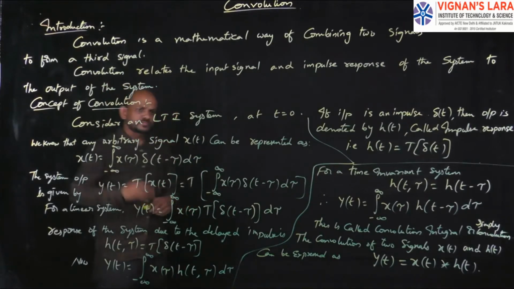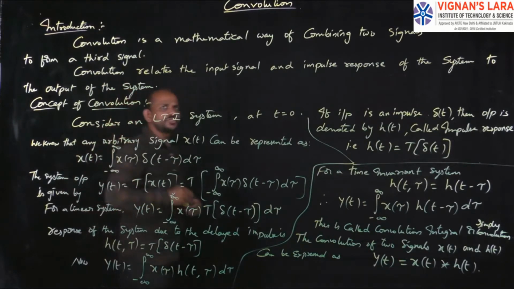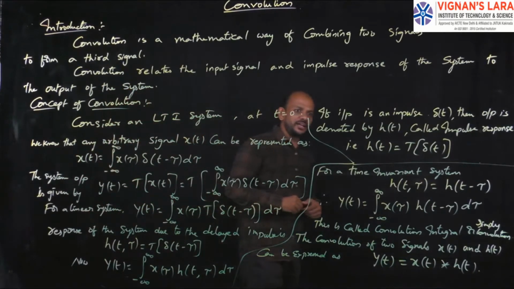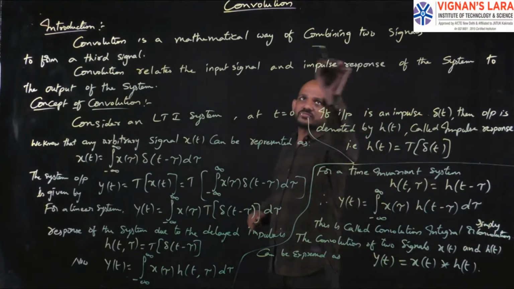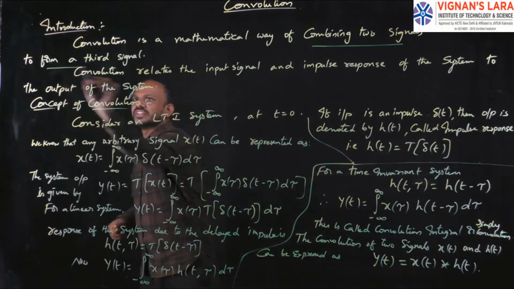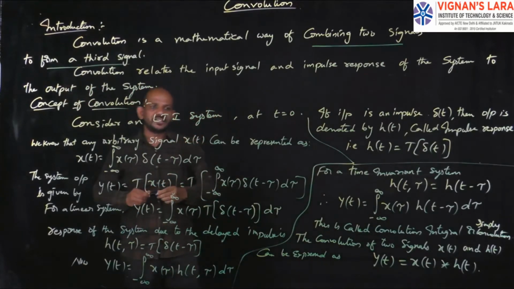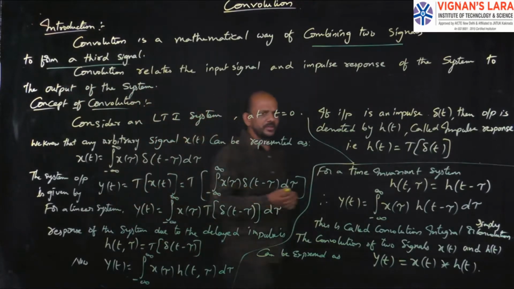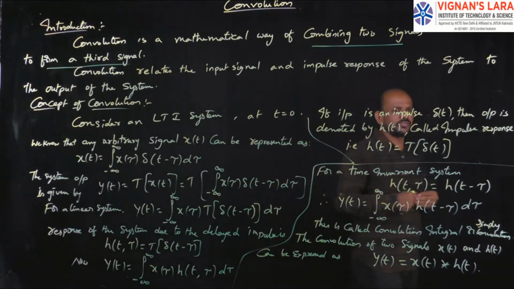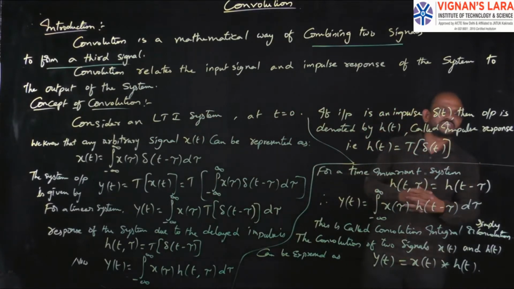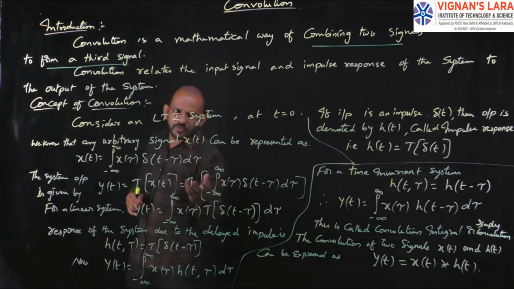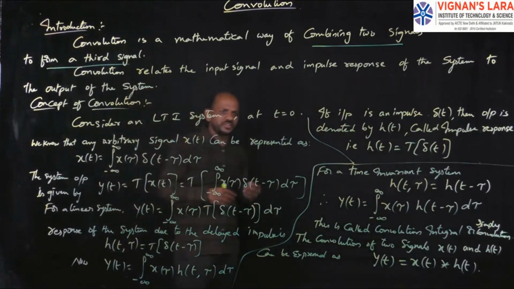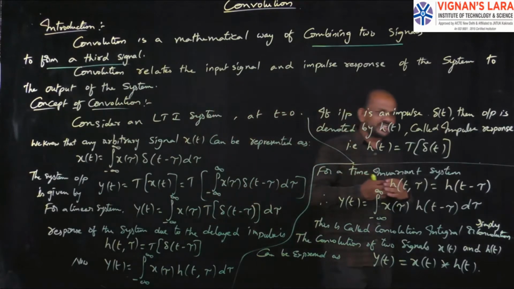So what do we know about convolution? Simple. Convolution is a mathematical operation, a mathematical way of combining two signals to form a third signal. We perform operations like addition and subtraction, where two signals are added and it generates a new third signal.